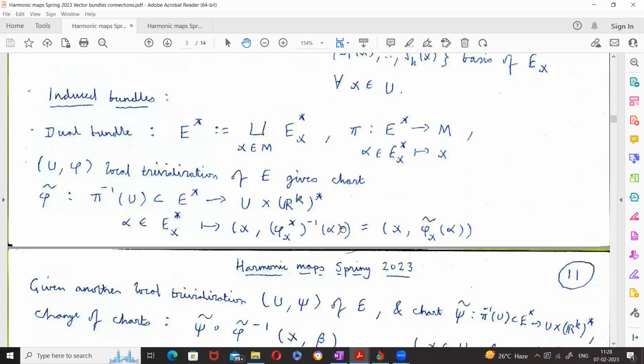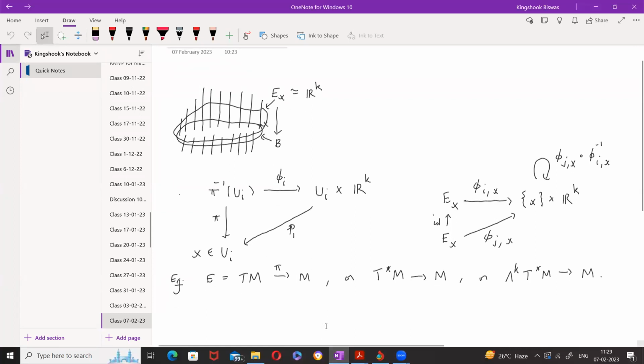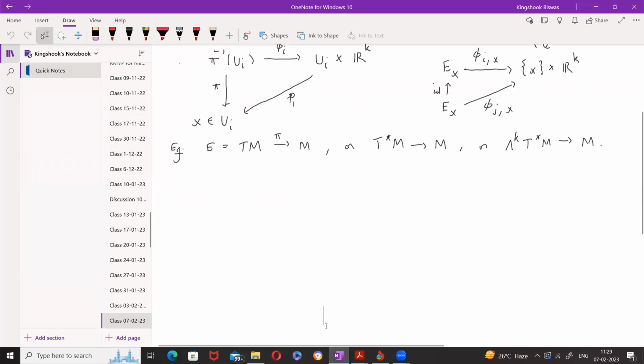Okay, so let me just explain here. So for the original bundle E, we had... so E star is the disjoint union of the dual spaces.